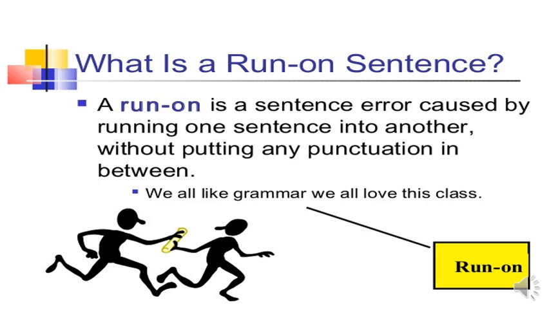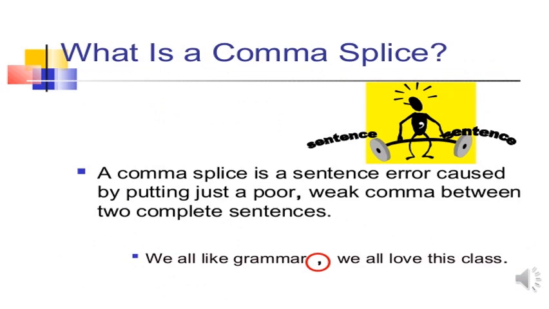Once again, a run-on is a sentence error caused by running one sentence into another without putting any punctuation in between. Example: we all like grammar. We all love this class. This is a run-on sentence without punctuation in between the sentences. Let's move to the comma splice.